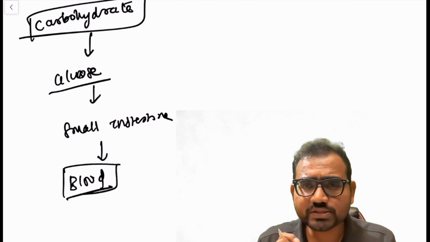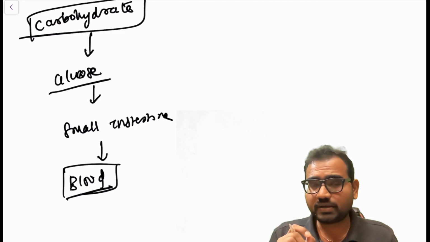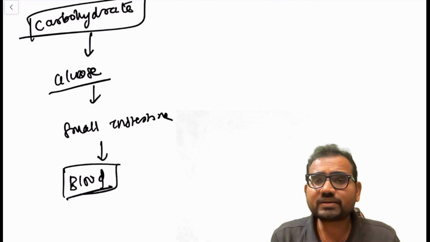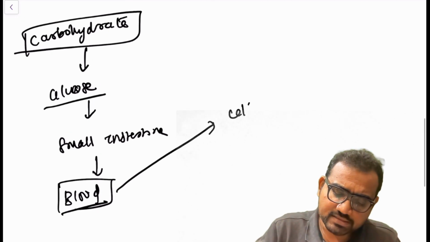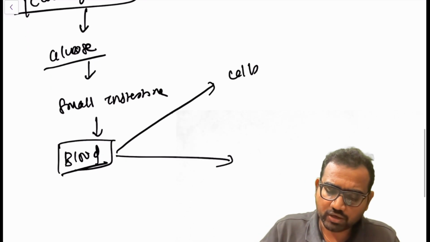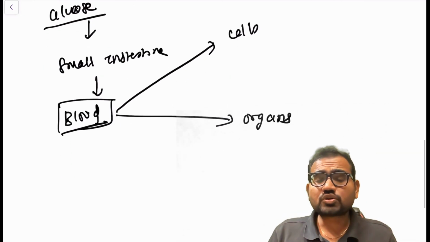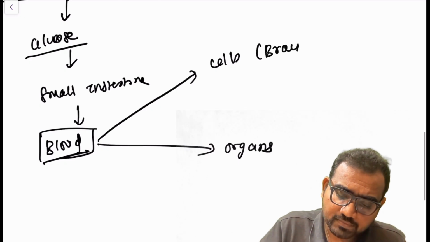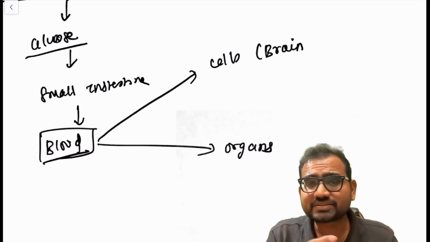Why? Because glucose is the one that is going to give energy to the cells, right? So this blood glucose has to be transported to the target areas, right? It can be taken up by the cells, it can be taken up by organs. The cells, if you see, it can reach the brain, and other cells in the body.